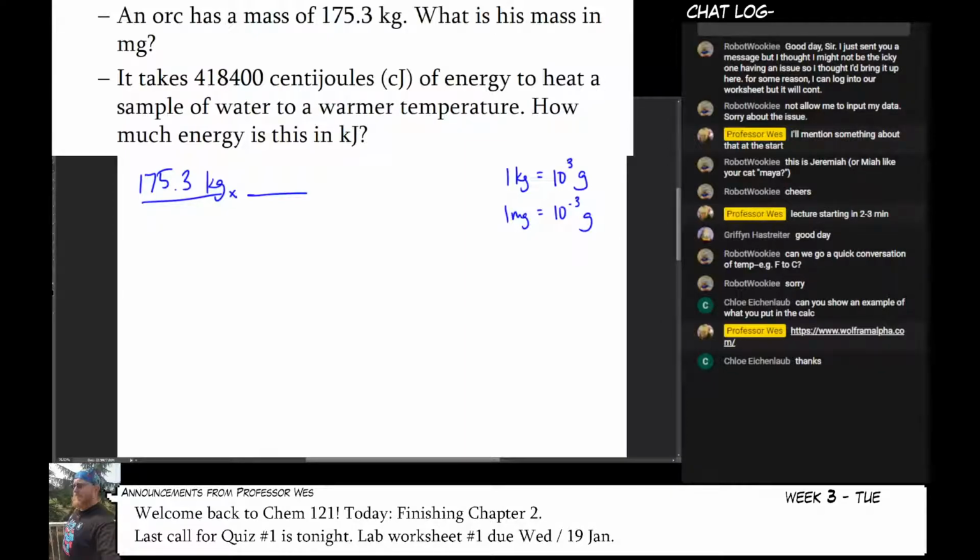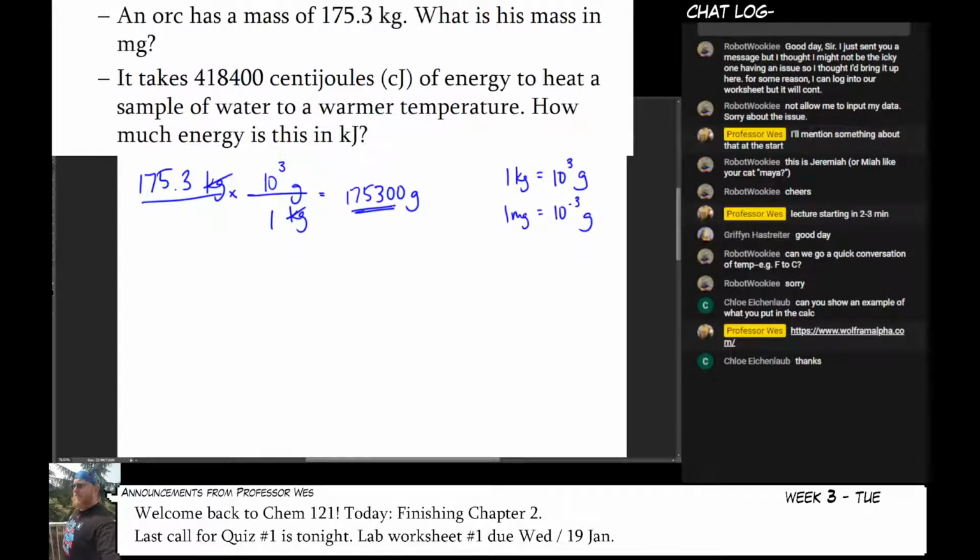All right, now that we have those conversion factors, let's put the units in here. So kilograms to grams, so those cancel out. Then I'll fill in the numbers. 1 kilogram is 10 to the 3 grams. And when I do that, I get this. So now our answer is in grams.